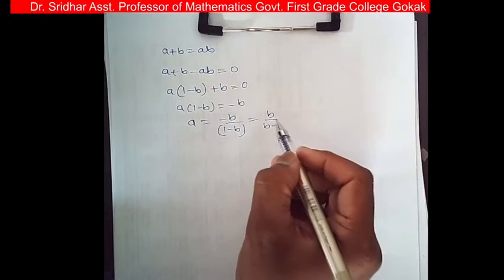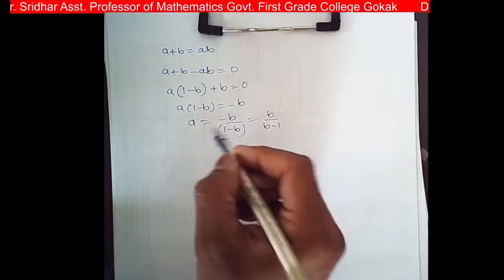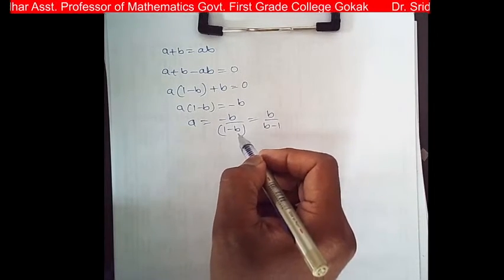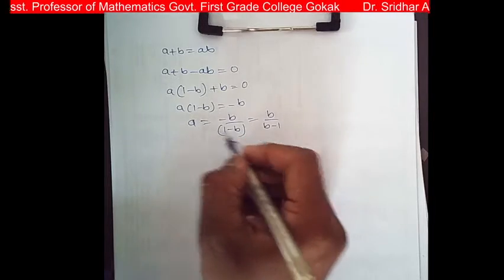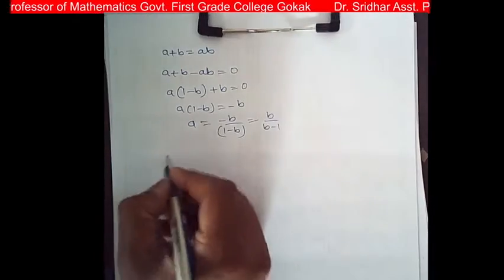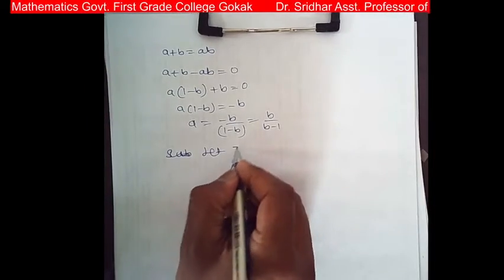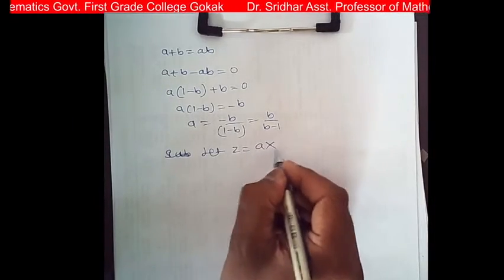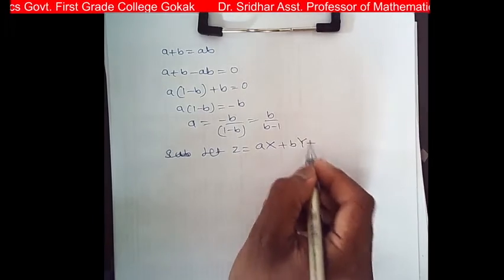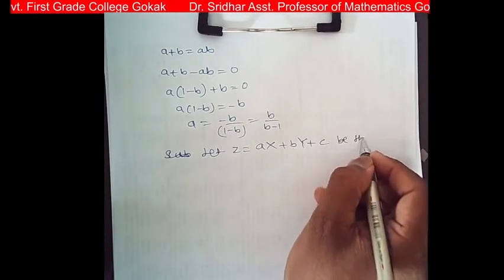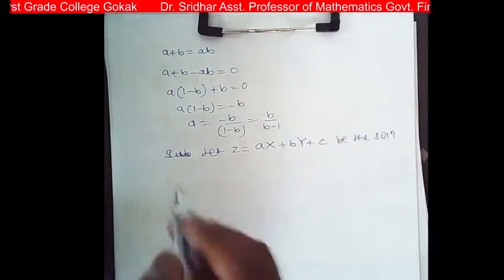Or a is equal to b divided by b minus 1. So once we obtain a, now what we do, we assume that z is equal to a capital X plus b capital Y plus c be the solution.